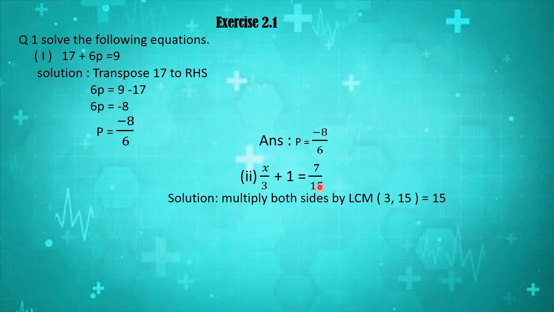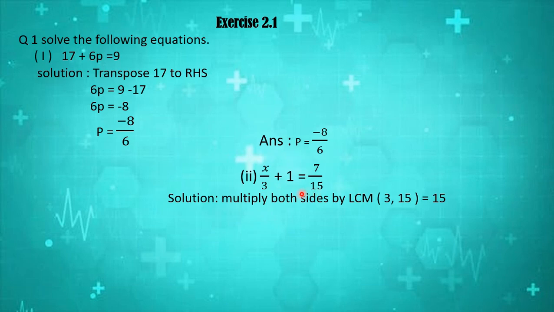Or another way we can do this: in this equation the rational number 7 upon 15 and the variable divided by 3 are also in the form of rational numbers or fractions. So the first step is to find the LCM of the denominators and multiply the complete equation by that LCM.